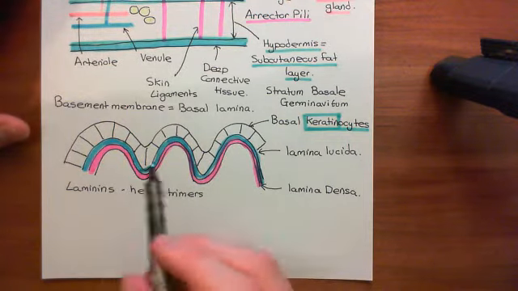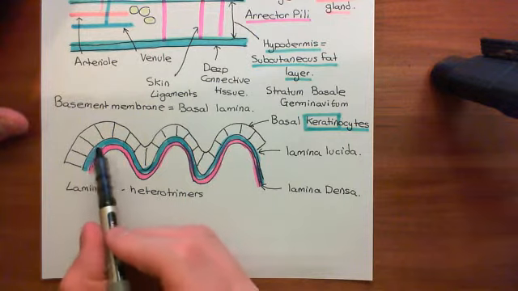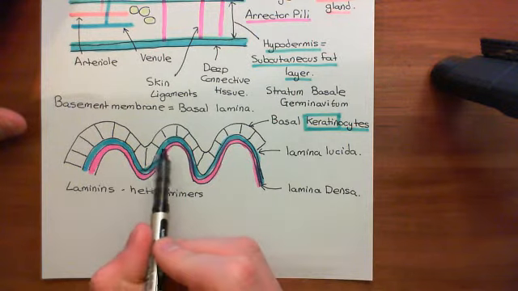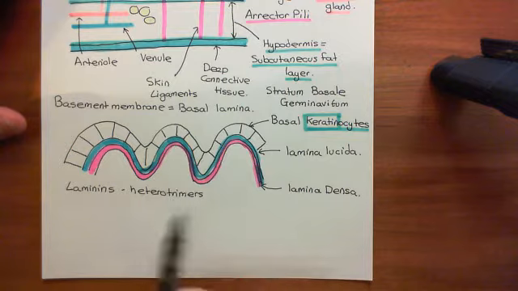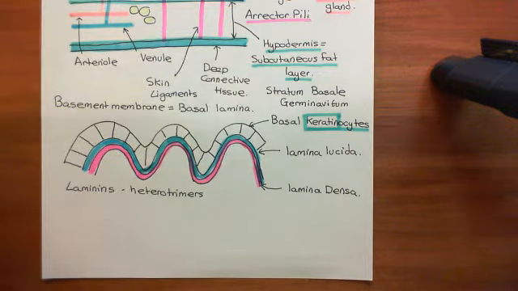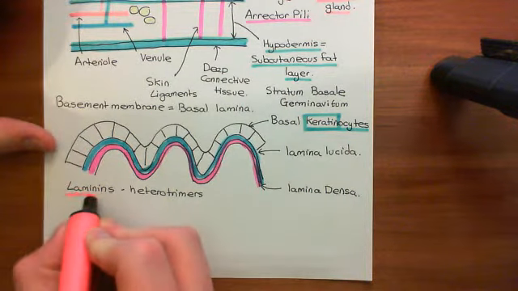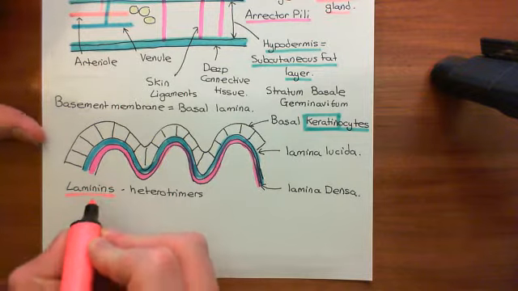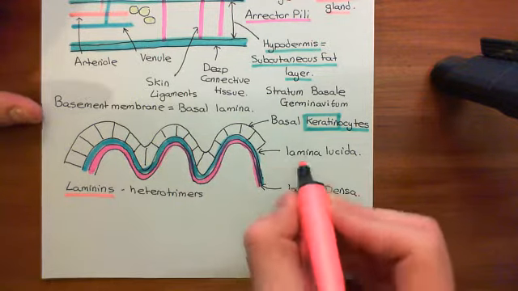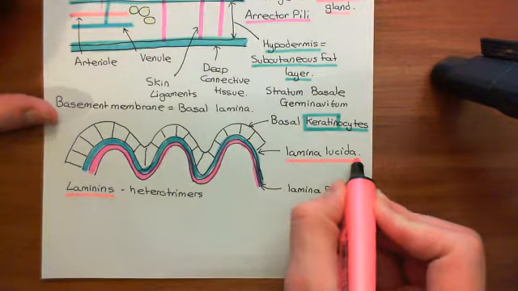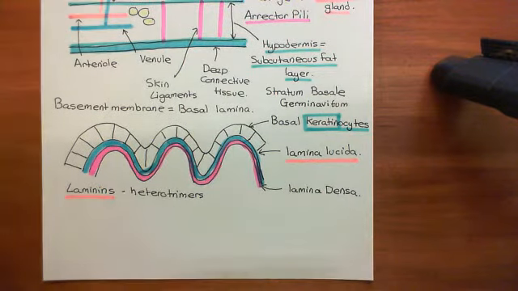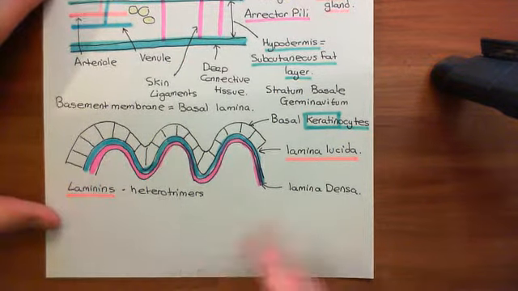We now want to discuss the structure of this lamina lucida of basement membranes. This is going to involve the study of proteins known as laminins, because these are the key components of the lamina lucida. Laminins are heterotrimeric proteins.